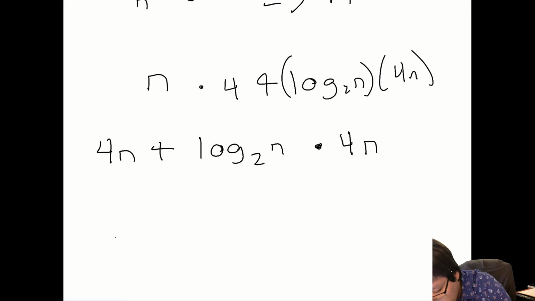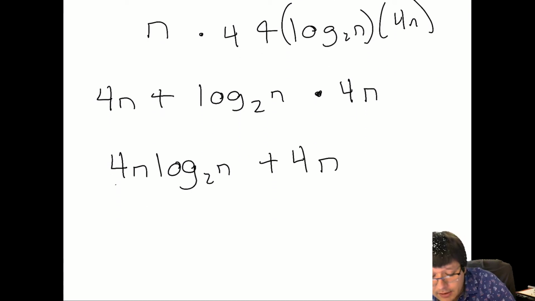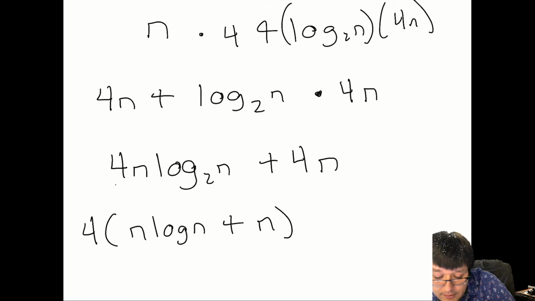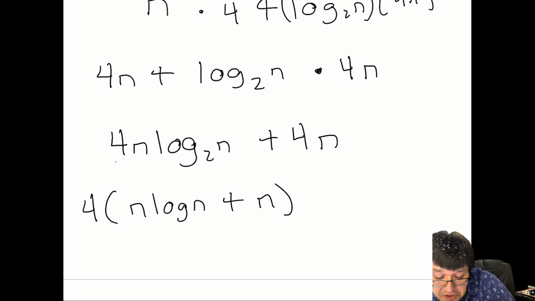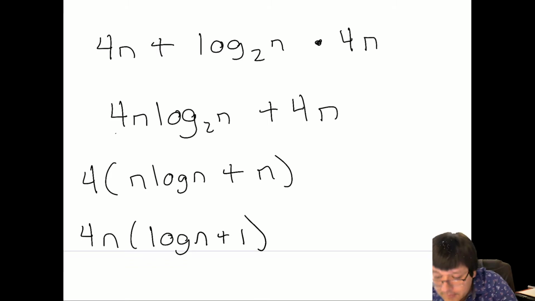Let me put the 4n in front of the log, and then put the plus 4n like that. Okay, so you could leave it like that. You could also take out the 4 and say n log n plus n. You could also take out the n if you wanted to: 4n (log n plus 1).